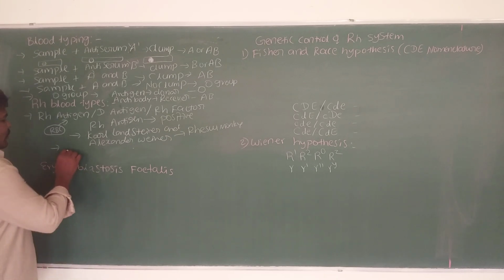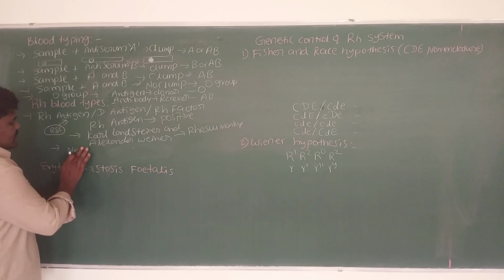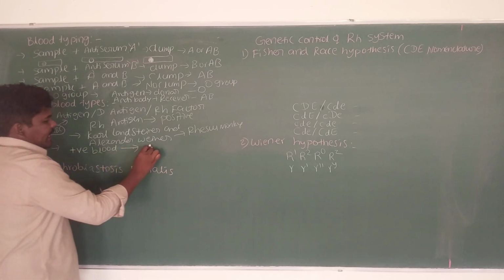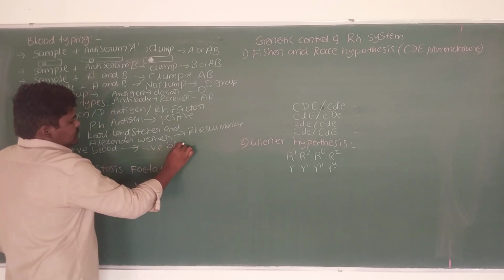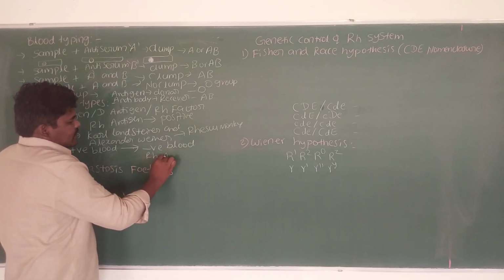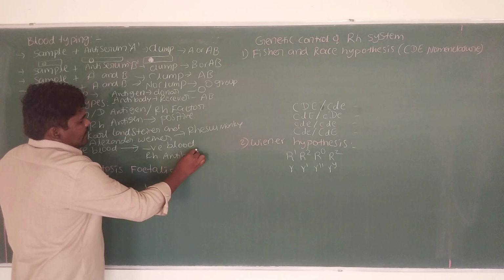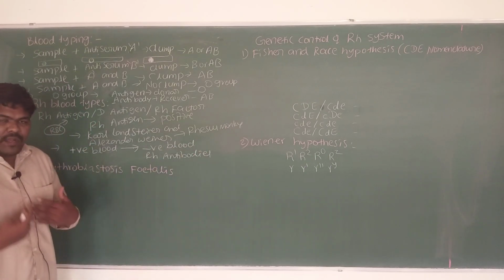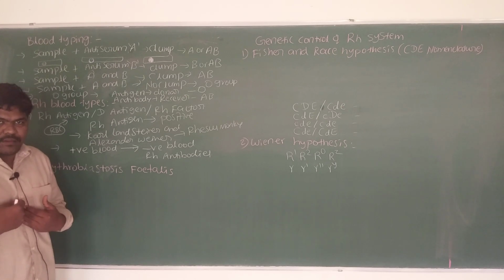But when we mix positive blood into negative blood, at that time Rh antibodies are developed in the negative blood. For example, if I have negative blood, it may be B negative, A negative, AB negative, O negative, anything.